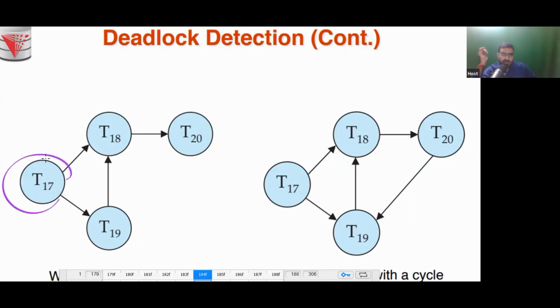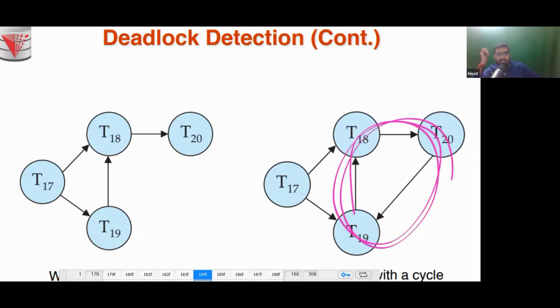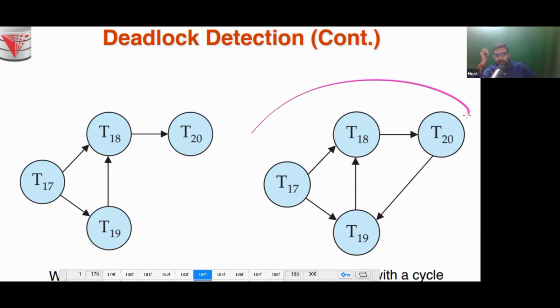T17 cannot happen because T17 is waiting for T18 and T19, T19 is waiting for T18, and T18 is waiting for T20, but T20 can happen. First this can happen, then T18, then T19, then T17. But here you can notice there is a cycle in the graph. So this system is in deadlock because there is a cycle in the graph.